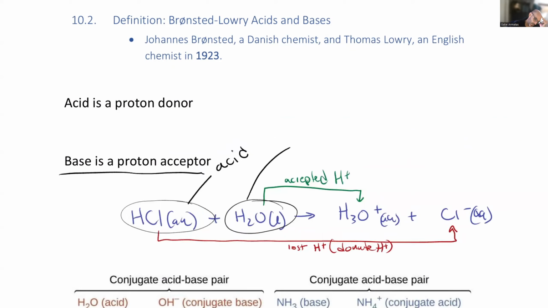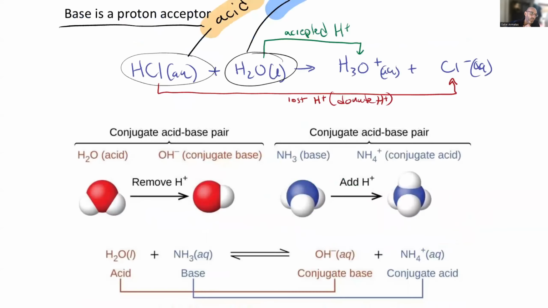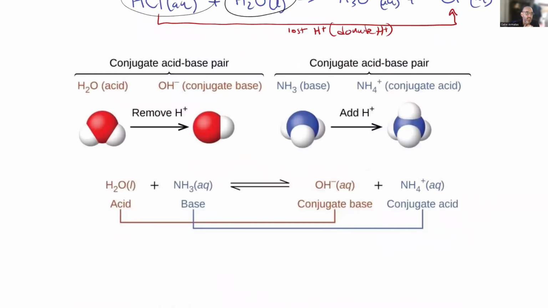H2O in this case accepted, and therefore it counts as the base. Okay, so again, proton donor is the acid, proton acceptor is the base. So we call these pairs a conjugate acid-base pair.